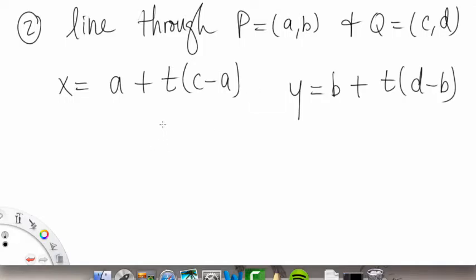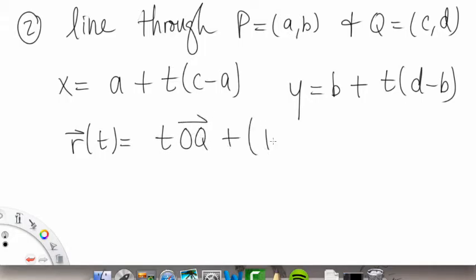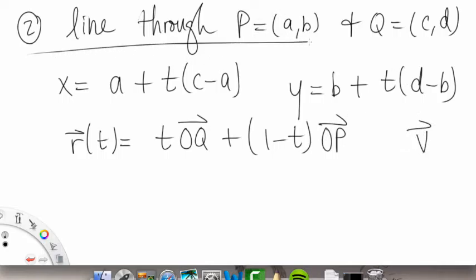Okay, so this one comes from when we have the vector parameterization of a line going through 2 points, and remember that one looked like r of t is equal to t times OQ plus 1 minus t times OP arrow. This is when we were given 2 points and we didn't know the vector v, our slope. So in this parameterization, we do not know the slope m or anything like that, so we have to work with what we have, these 2 points.